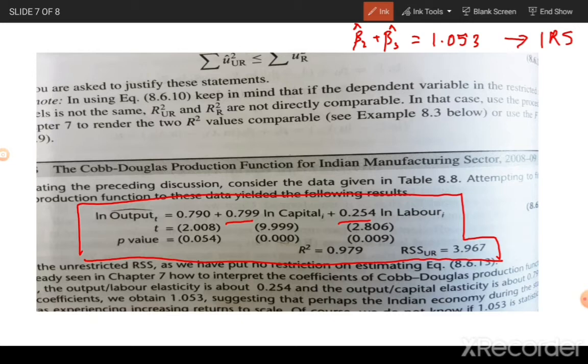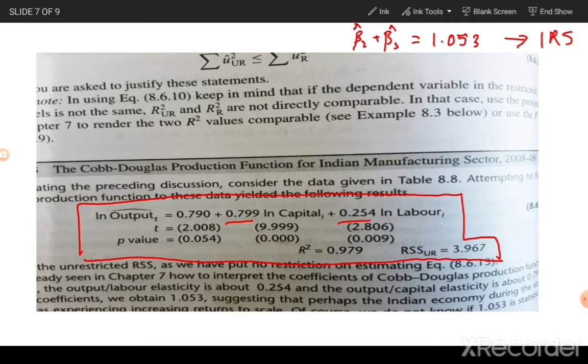This is the Cobb-Douglas production function, which was attempted for the Indian manufacturing sector, 2008-9 data. Based on this sample, I can see that beta 2 hat plus beta 3 hat is greater than 1. But now I want to find out if this 1.053 is statistically greater than 1.